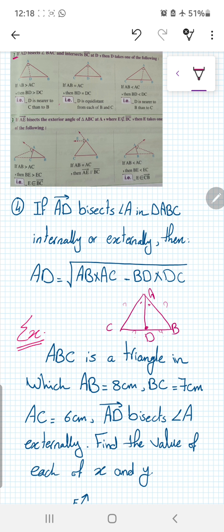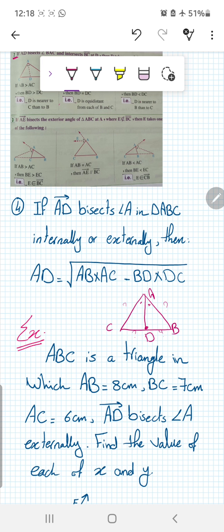If we want to get the length of the bisector, we have a rule, which is AB times AC minus BD times DC, interior or exterior.